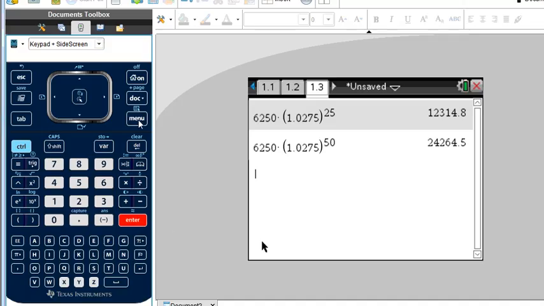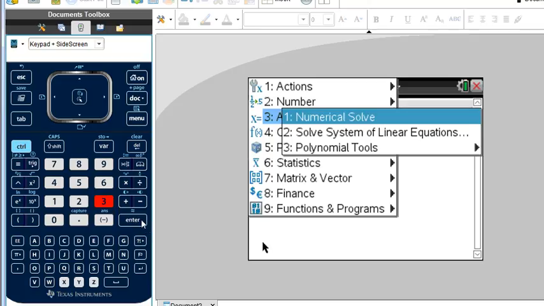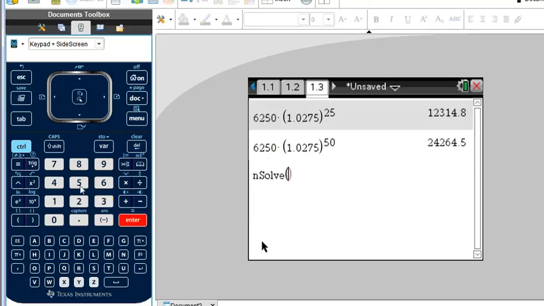Okay, we go to menu, then algebra, and then numerical solve. So 50,000 is the population that we're targeting, and that's going to be equal to 6250 times 1.0275 to the power of our unknown x.